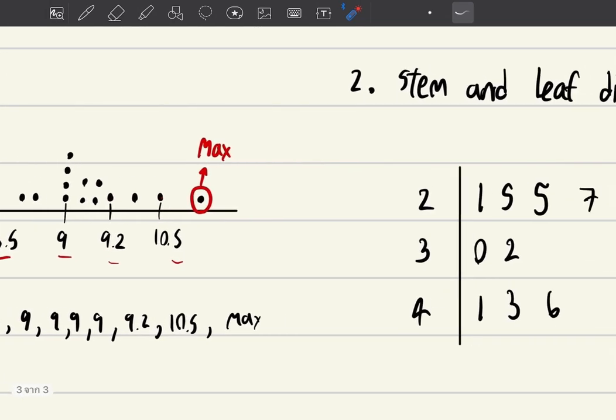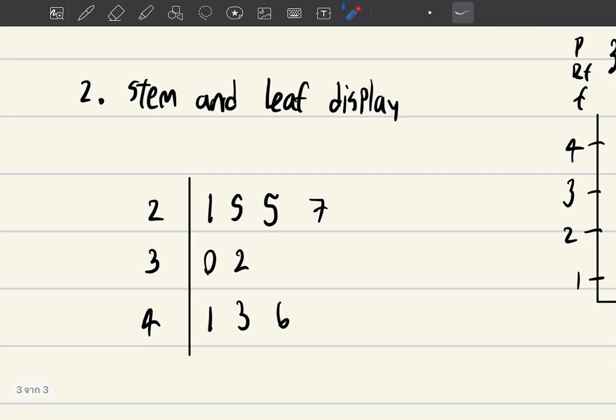So let's move to the second one, the stem and leaf display. The stem and leaf display is to represent the frequency of the numerical scale, like the last one. But to read this one, it's going to be like this: 2 | 1 2 5 2 5 2 7.